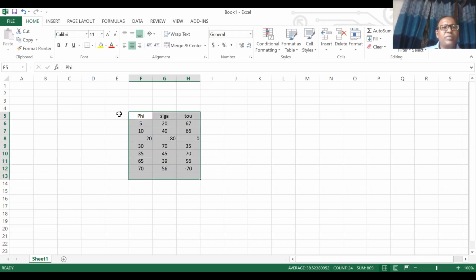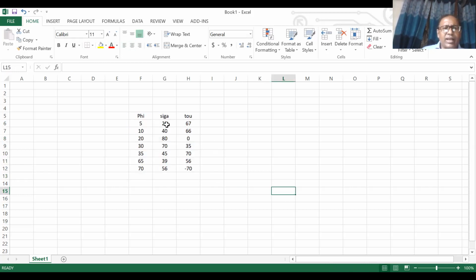So from this table, what do you see? You see for a certain value right over here, the sigma is coming maximum.